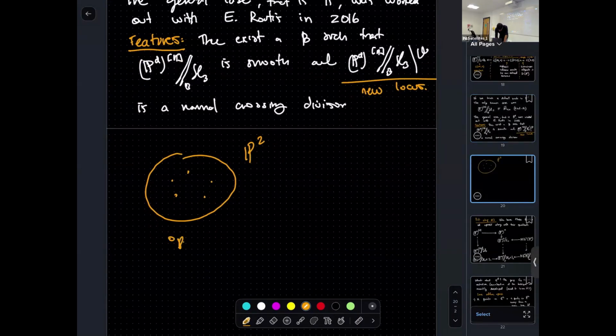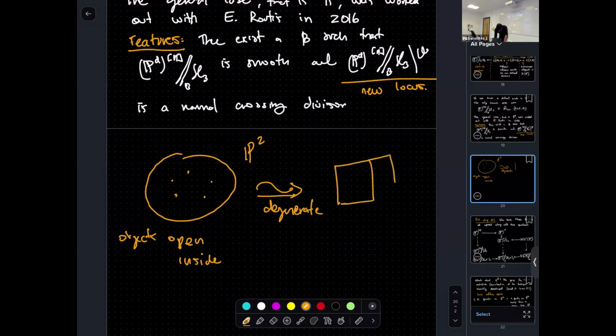These are the objects in the open part. And when you degenerate, what you will find is that the P2 breaks, and you can have something like that. This is what will happen. It's like a union of varieties.